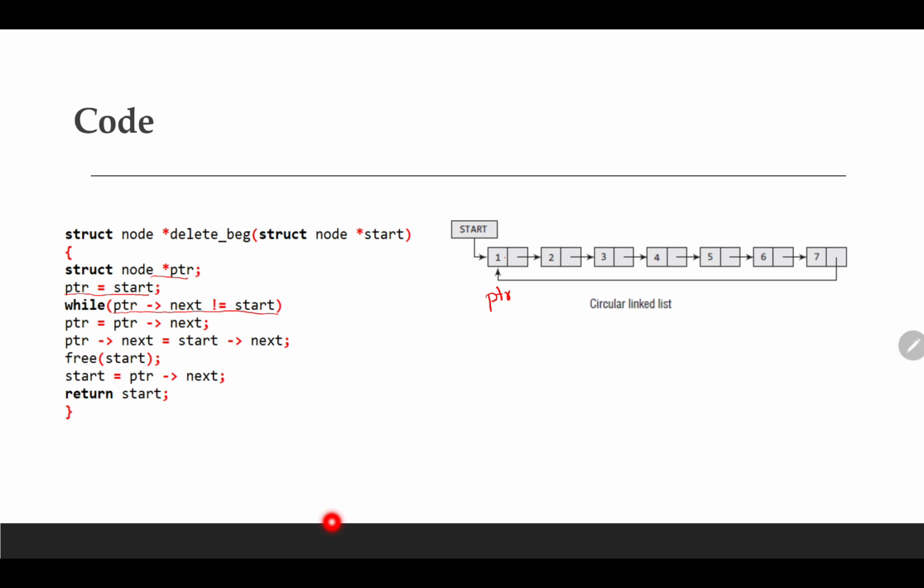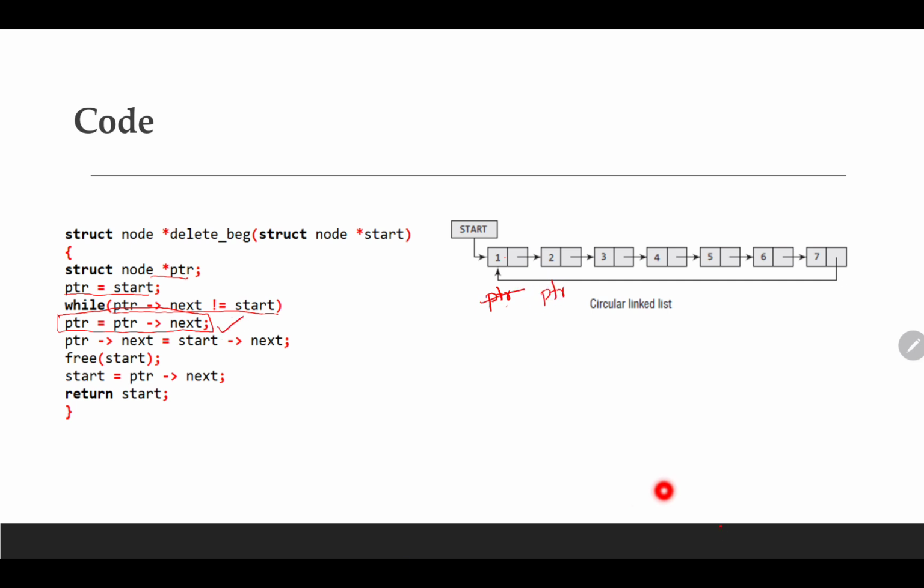If this condition is true, it will execute the statement ptr = ptr->next, same as the previous code. First we check whether ptr->next is start. It is not the start node, so we execute this statement.